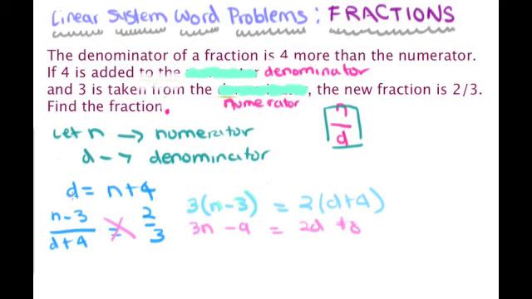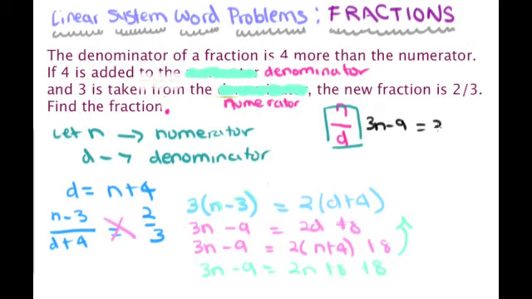We know what d is. d is n plus 4, so we'll substitute. 3n minus 9 is equal to 2 times n plus 4, plus 8. Therefore, 3n minus 9 is equal to 2n plus 8 plus 8. So 3n minus 9 is equal to 2n plus 16, since 8 plus 8 is 16.